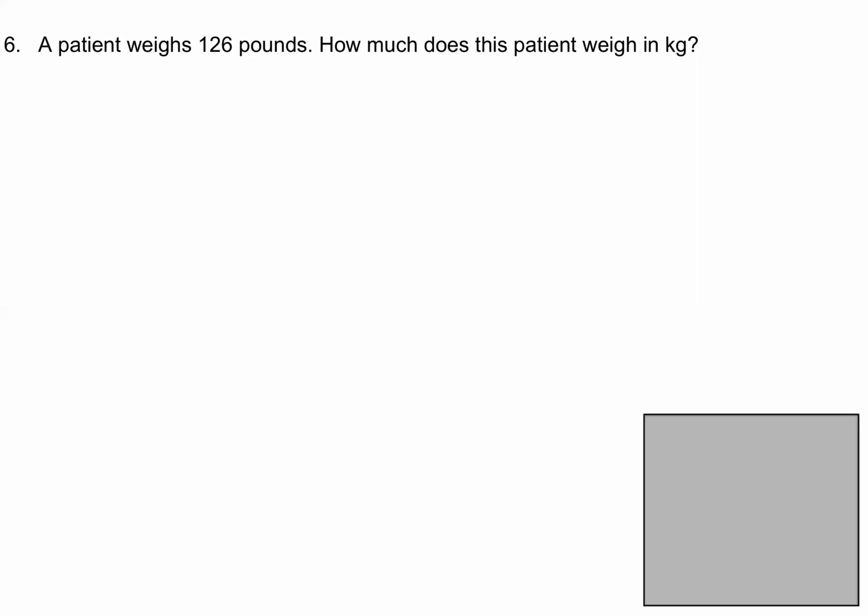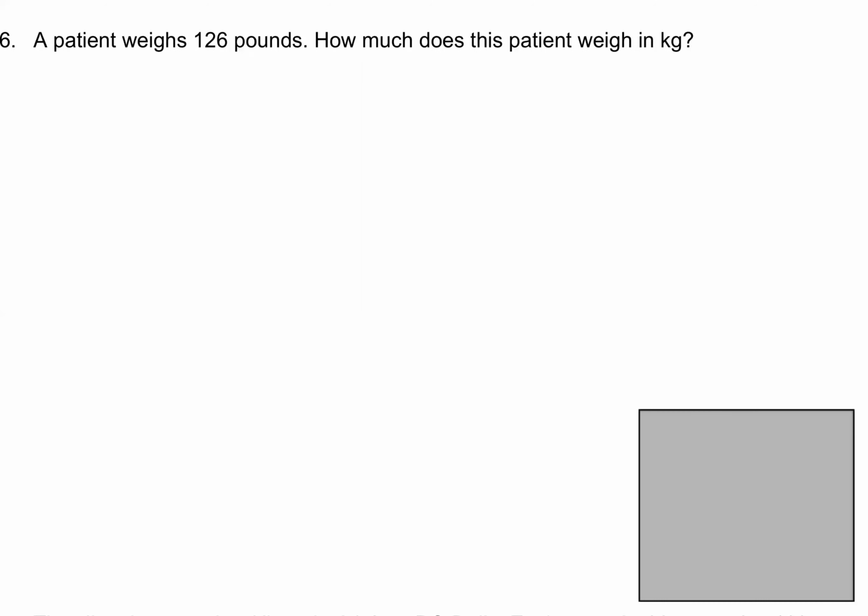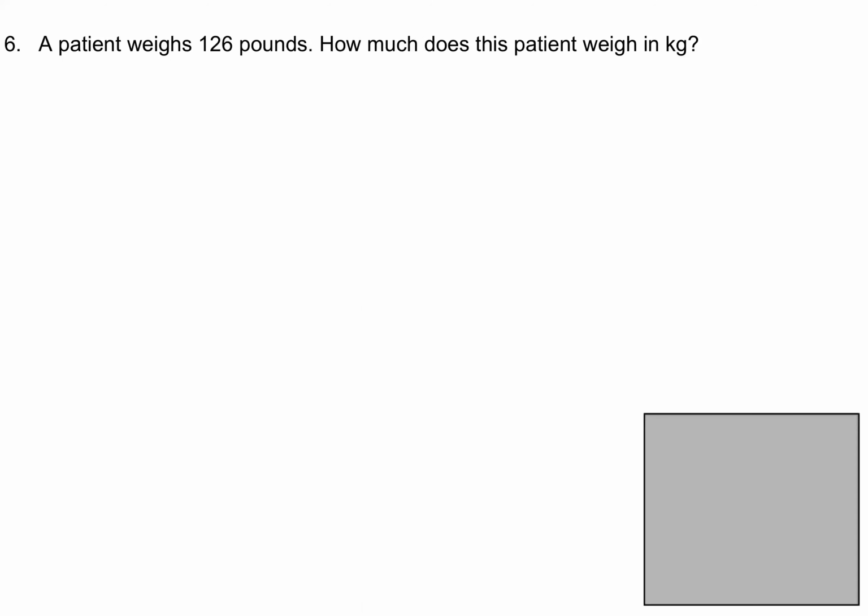Number 6, a patient weighs 126 pounds. How much does this patient weigh in kilograms? And so the units that we want are in kilograms. So let's go ahead and write this down. So that's the units that we want to end up with.